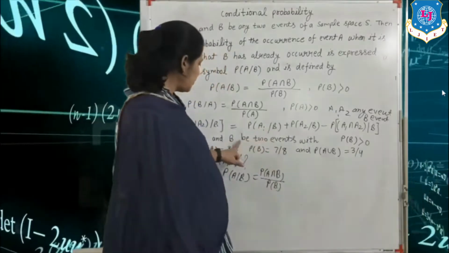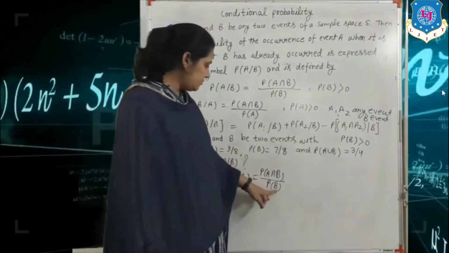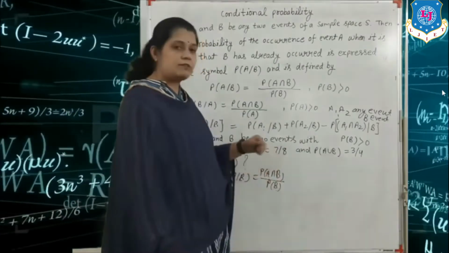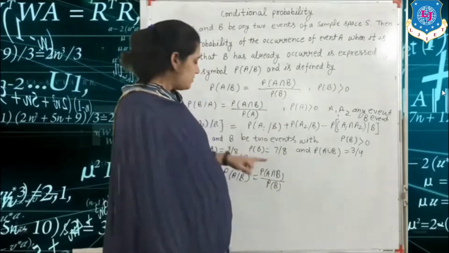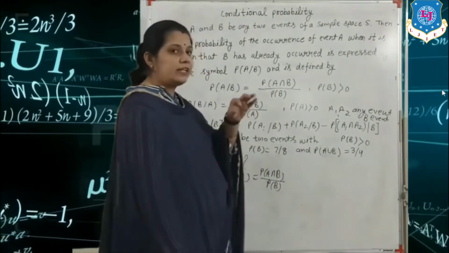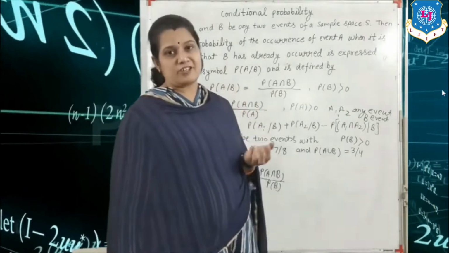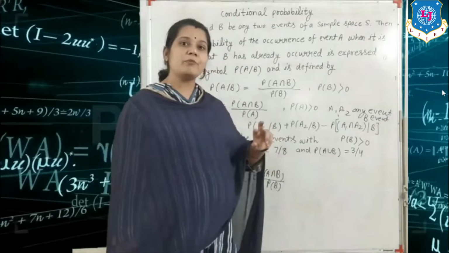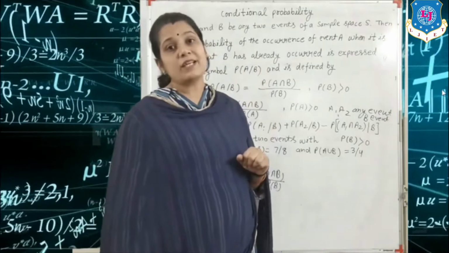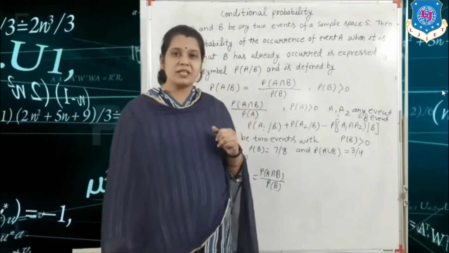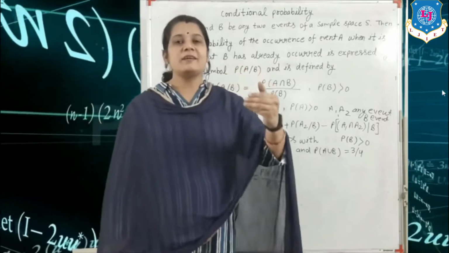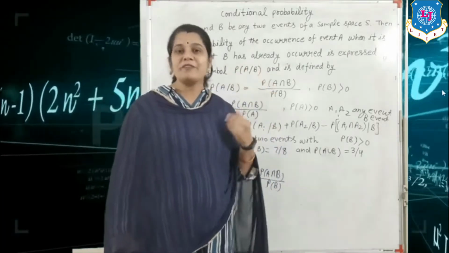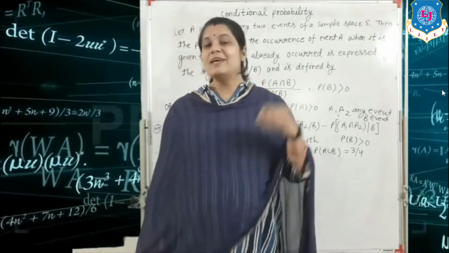According to our question, we are given the probability of B is equal to 7 by 8, but the value of probability of A intersection B is unknown, because we are given the probability of A union B. So first we find P of A intersection B. How do we find it?